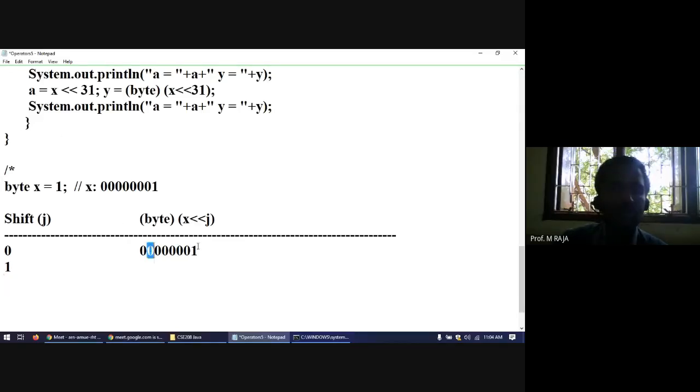So bits 1 to 7 are moved here. Then what about the new LSB, the least significant bit? 0 is added. Here MSB 0 is lost and the new LSB 0 is added.